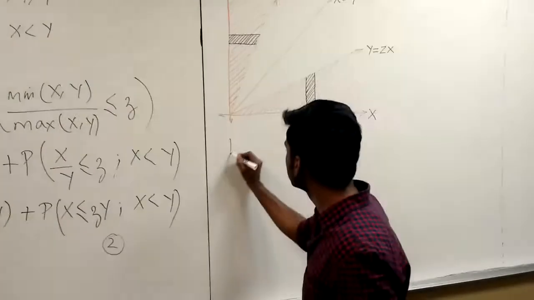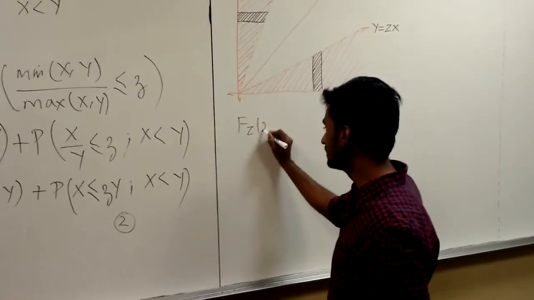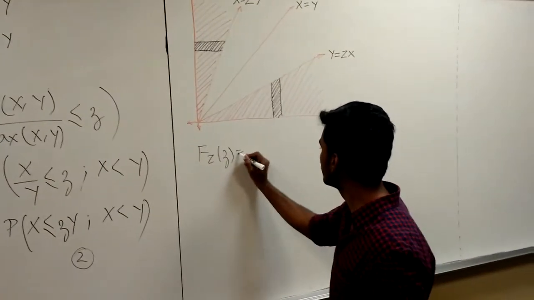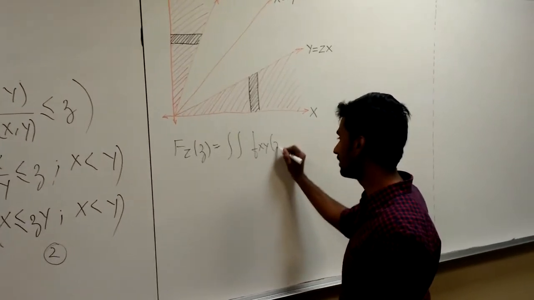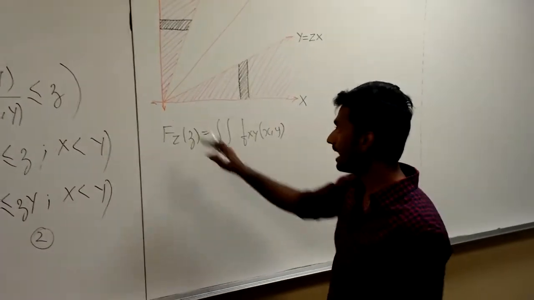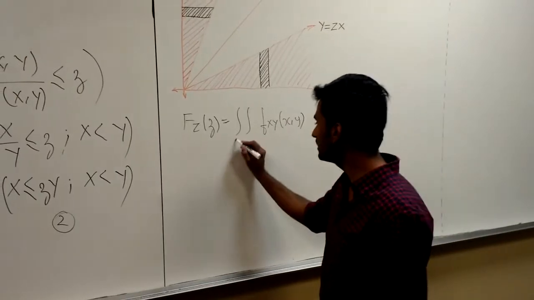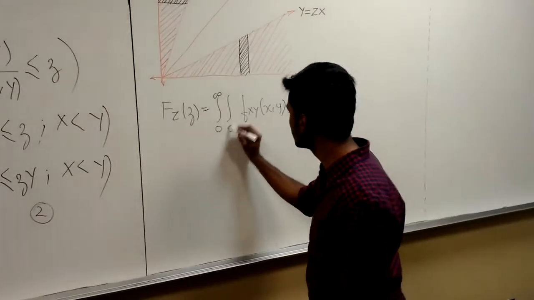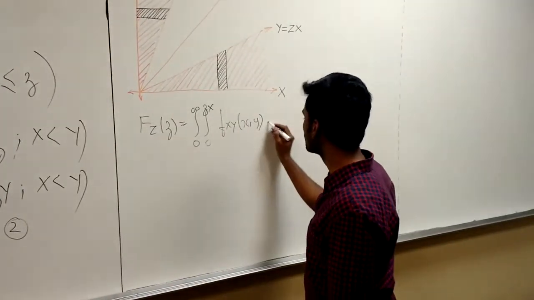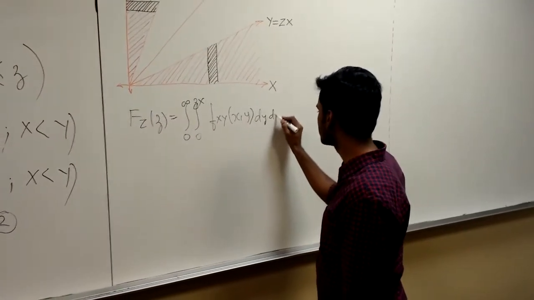So the distribution function of Z is given as the double integration of the joint density function of X and Y, where x goes from 0 to infinity and y goes from 0 to zx. So that would be dy dx.